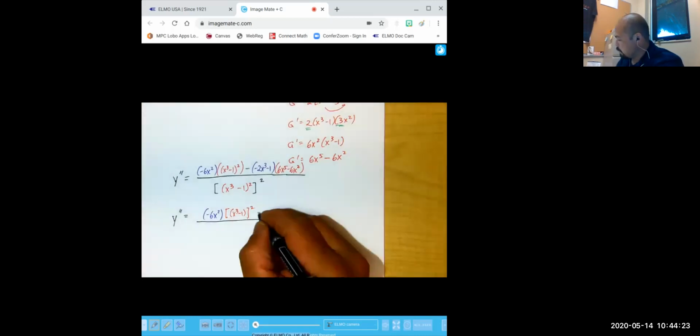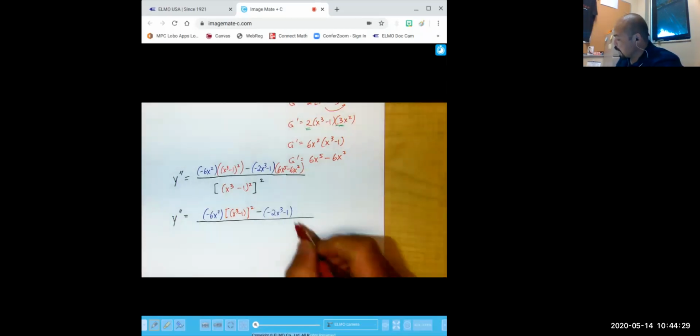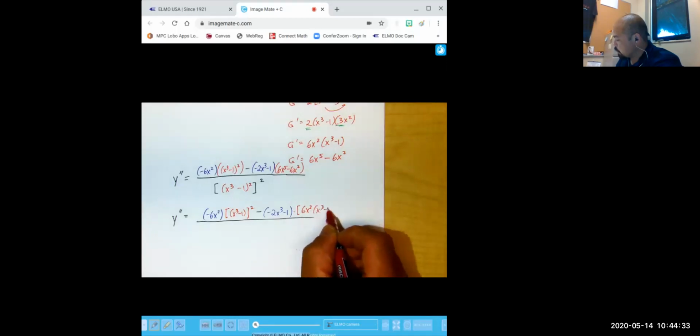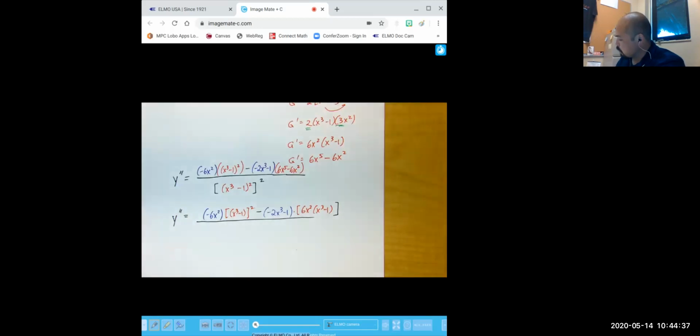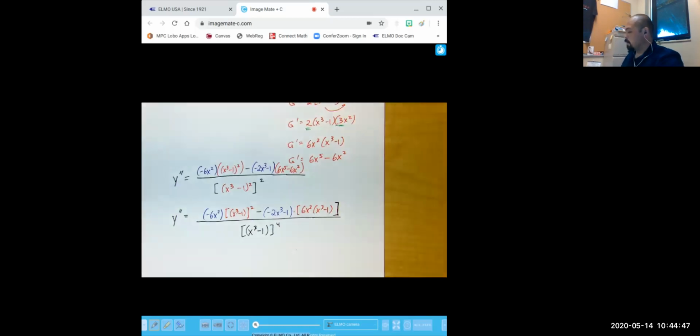Minus that green negative 2x cubed minus 1. And then this one, let me actually rewrite it as that 6x squared times x cubed minus 1 for a second. Oh, sorry, wrong color. And that's all over that x cubed minus 1 raised to the 4th power. I'm playing around with my notation a little bit.